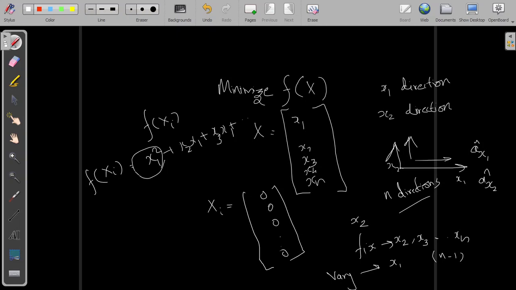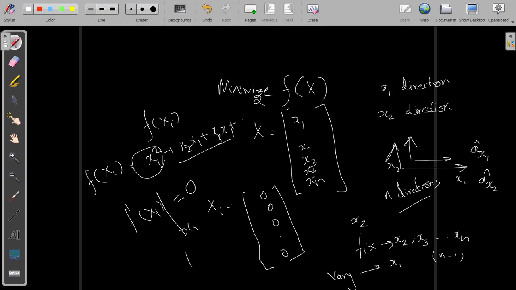For example, this is a one-dimensional optimization problem where the degree of x1 is 2. How do we minimize this function? We know it is a quadratic function. To get the minimum or maximum of a quadratic, we take f dash of xi with respect to x1 and set it to 0.